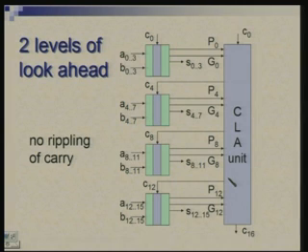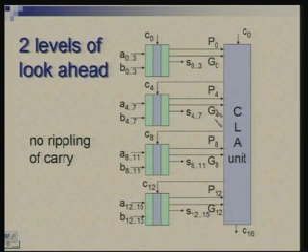So, what this will require is something which is equivalent to propagate and generate signal at block level. We have blocks of 4 bits, and at each level we generate block propagate and generate signals P0 and G0, P4 and G4 and so on.